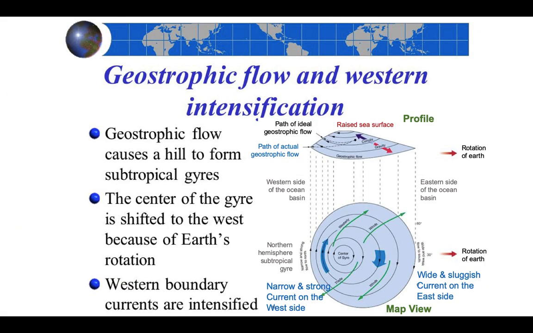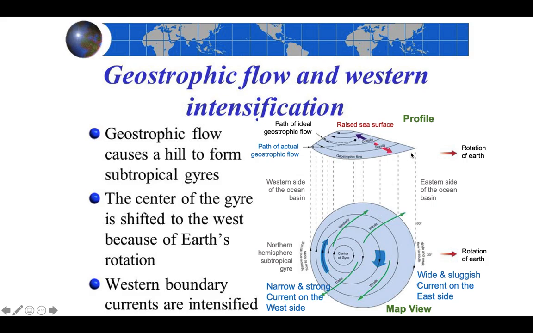There is another phenomenon related to subtropical gyres. We call them geostrophic flows and related western intensification. Here you're looking at a profile of what we call geostrophic flow, and I'm going to explain that in a moment. And this is the map view, or looking from an airplane down to a subtropical gyre, and this is how it looks in terms of its internal structure.